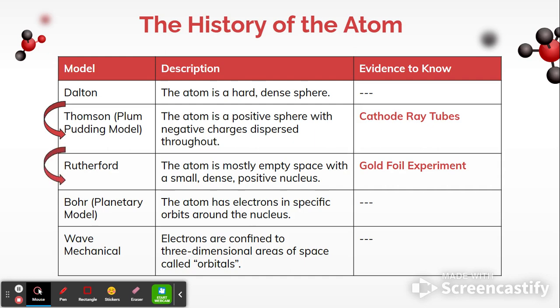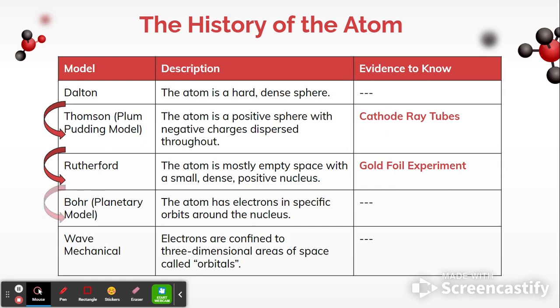Later, according to the Rutherford model, we came to the conclusion that atoms are mostly empty space with a small, dense positive nucleus, and this was observed using the gold foil experiment, which will be discussed further later.